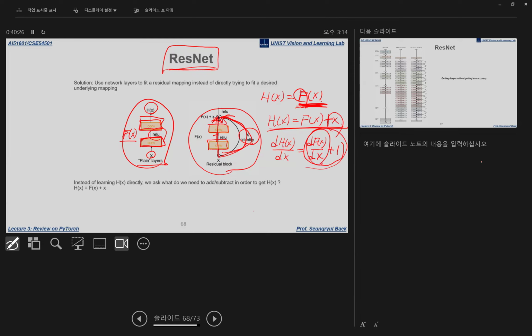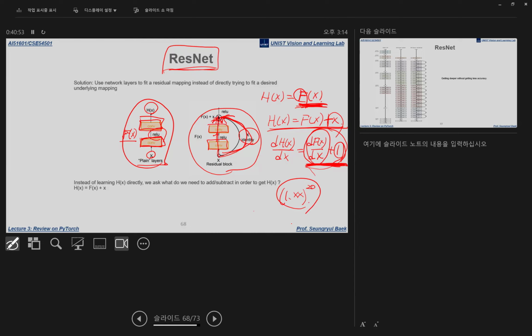And this could be some value which is less than 1, but you are adding 1 to that value, okay? So now the gradients are the values around the constant 1. And because of this, even though you multiply this type of values more than 20 times, they do not simply vanish to 0.